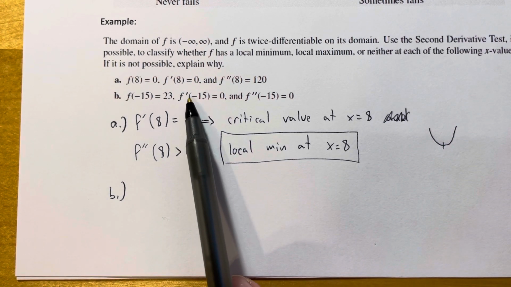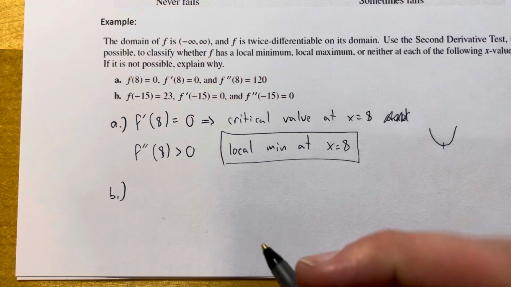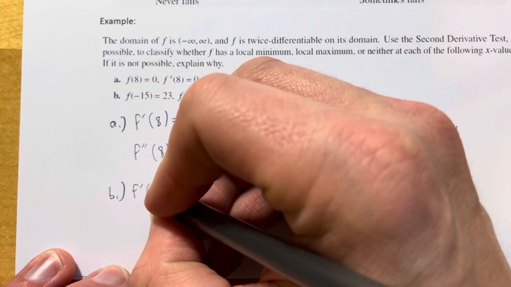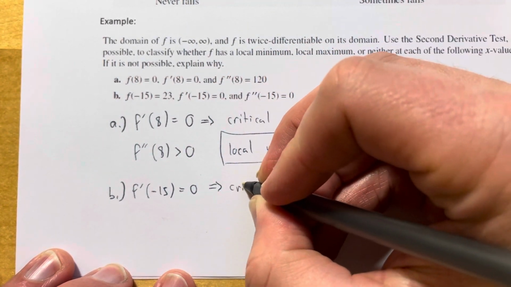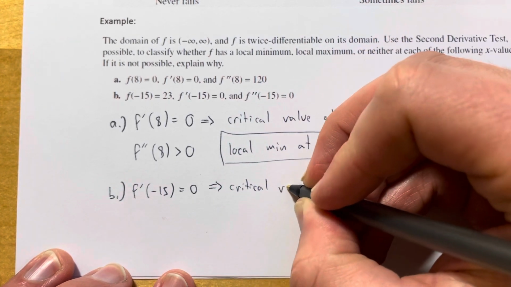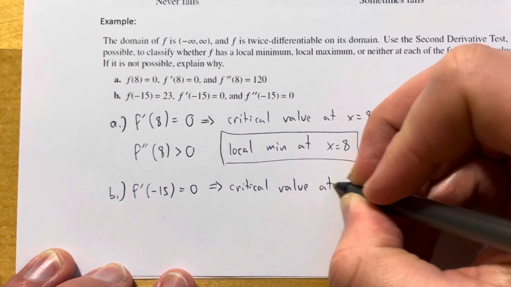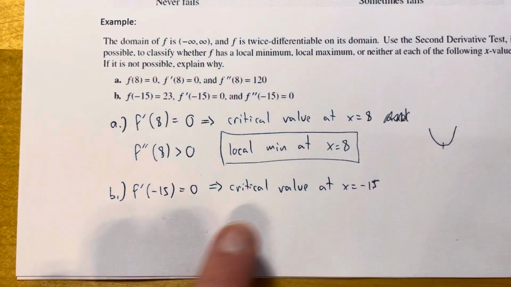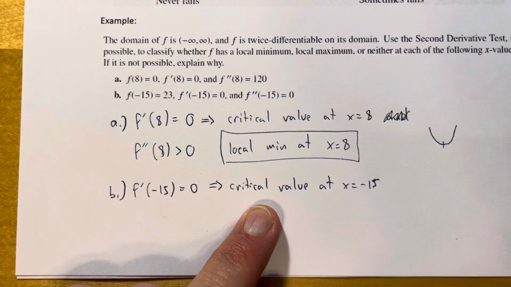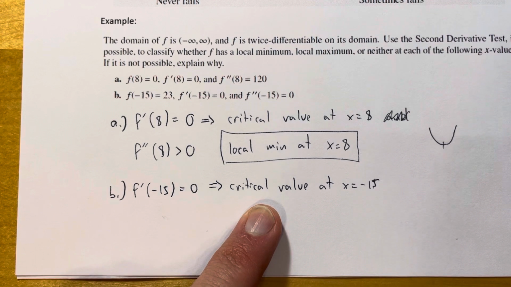The second value, f prime of negative 15, is equal to 0. So f prime of negative 15 being equal to 0 implies that we have a critical value at x equals negative 15, okay? So that critical value could give me a local maximum, it could give me a local minimum, it could give me neither.